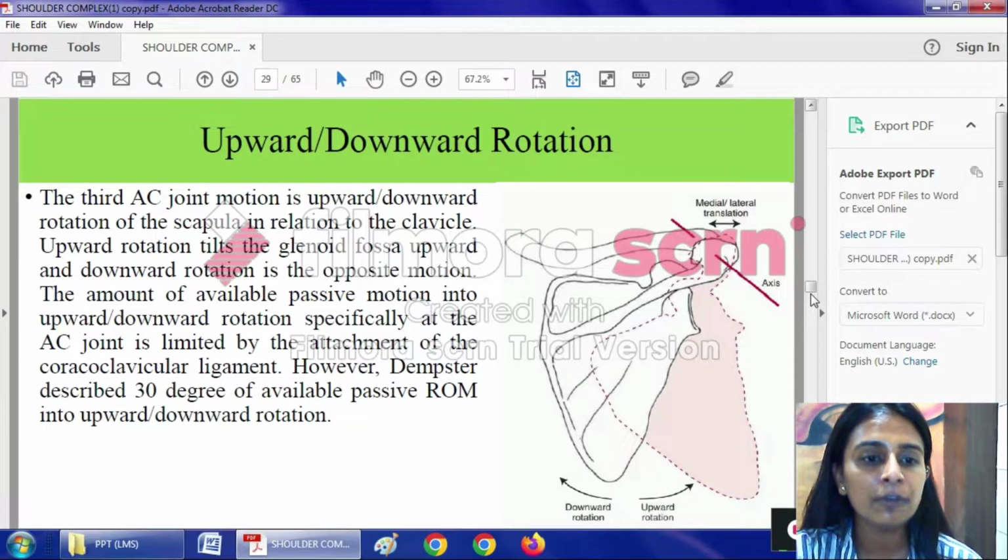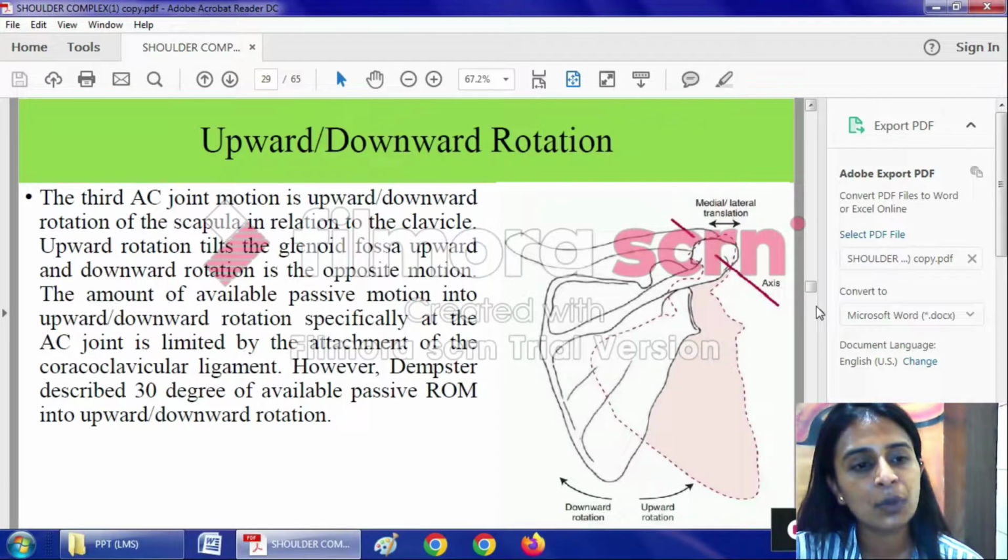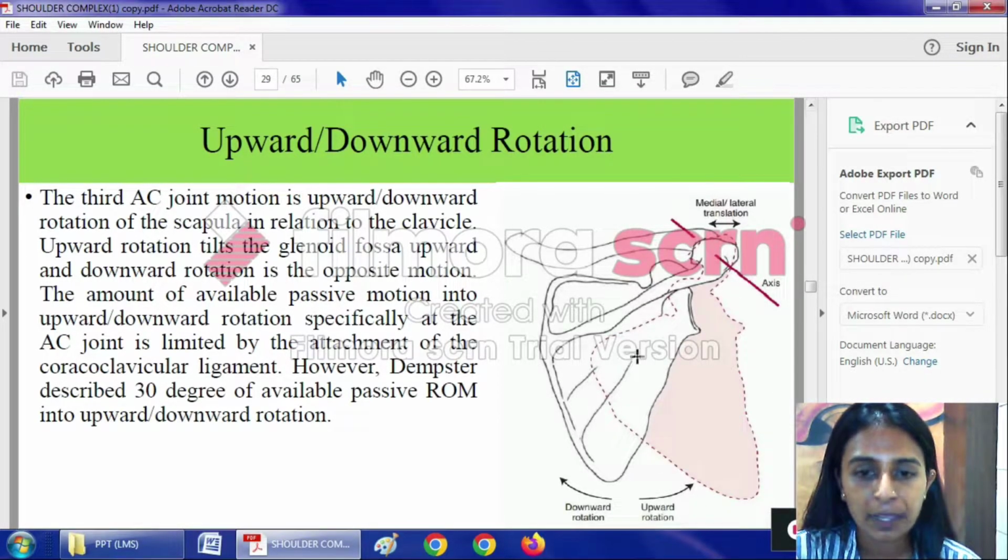The amount of available passive motion into upward-downward rotation, specifically at the AC joint, is limited by attachment of the coracoclavicular ligament. However, Dempster described 30 degrees of available passive range of motion in upward-downward rotation. This is the scapula, upward rotation and downward rotation. This is the axis, medial-lateral translations.